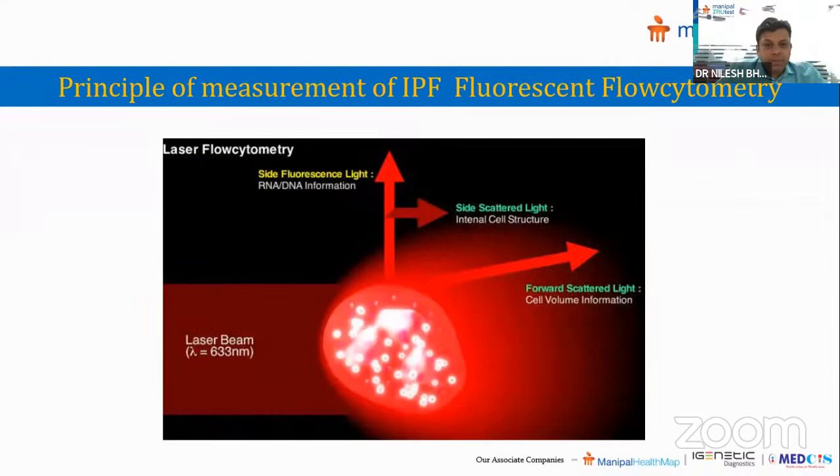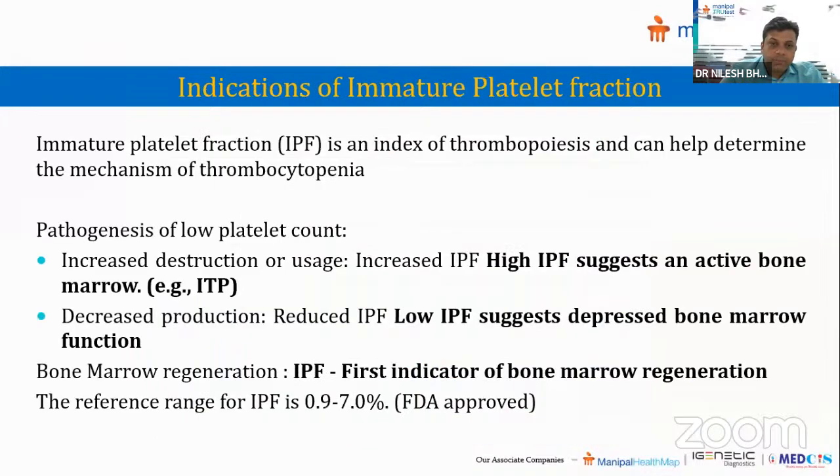These reticulated platelets are detected by fluorescence flow cytometry using side scatter and forward scatter, because they contain RNA which can be tagged with specific dyes and detected very accurately. So this IPF is an index of thrombopoiesis, and we can determine the mechanism of thrombocytopenia.